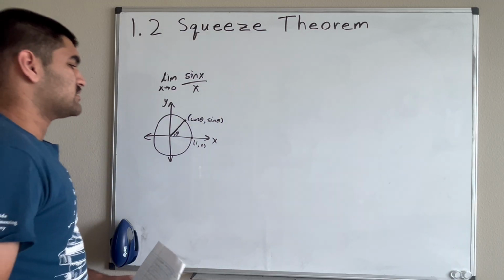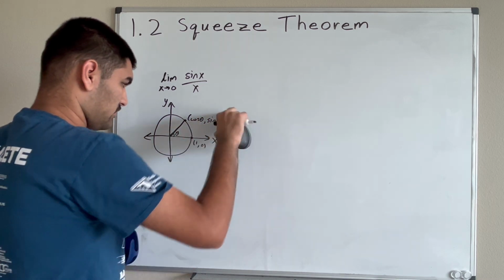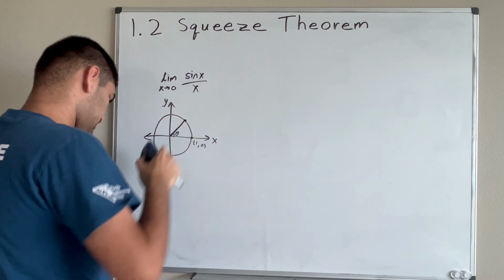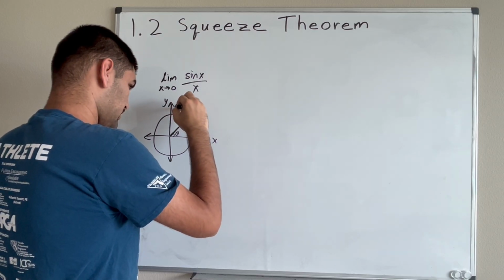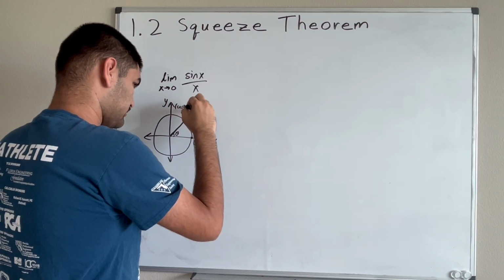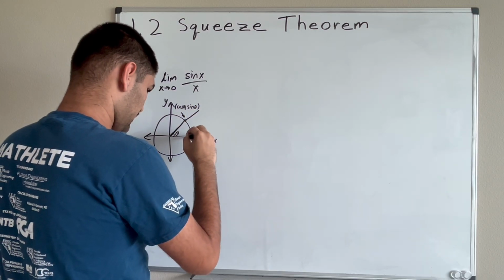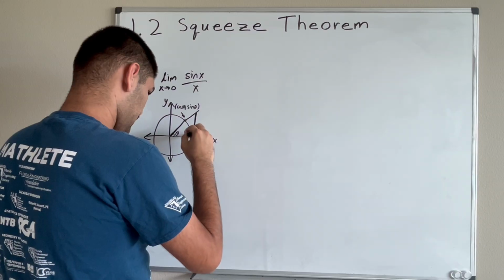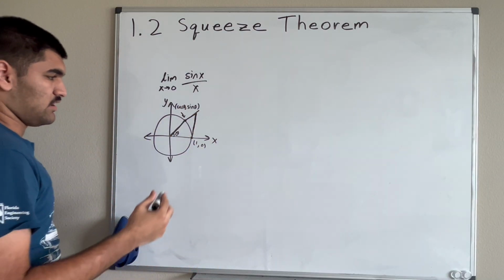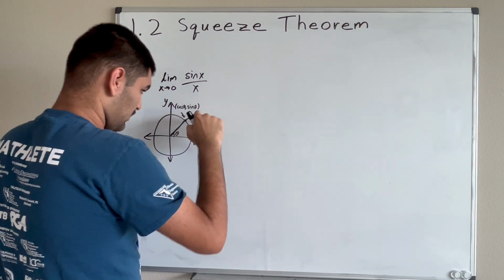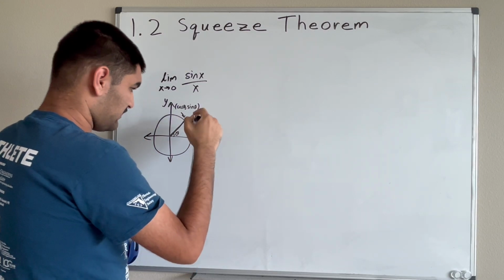So then let's consider the extended triangle. So this is cosine theta, sine theta. And then let's see if we extend this triangle like this, we get this right triangle right here, right? So what is this point?